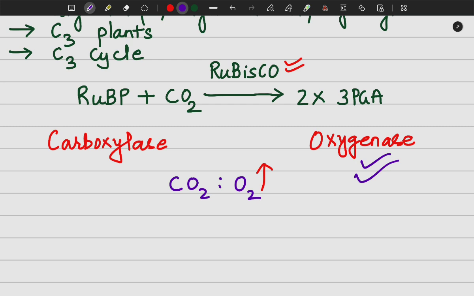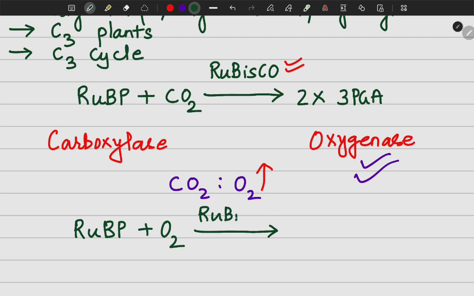When the concentration of oxygen is increased, then a different product is produced. So when ribulose bisphosphate will combine with oxygen, because the concentration of oxygen is more, as in the case of photorespiration, then this Rubisco enzyme will show oxygenase activity, and it will form 1 molecule of phosphoglyceric acid plus 1 molecule of phosphoglycolate.